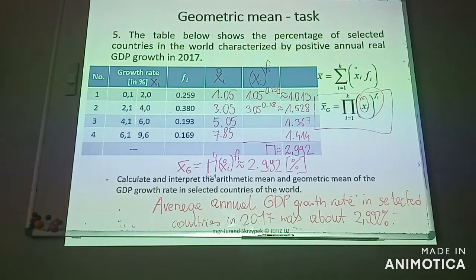Average annual GDP growth rate in selected countries in 2017 was about 3%.